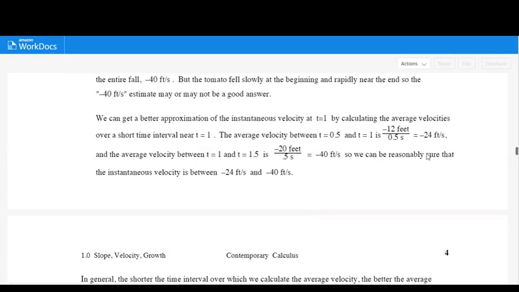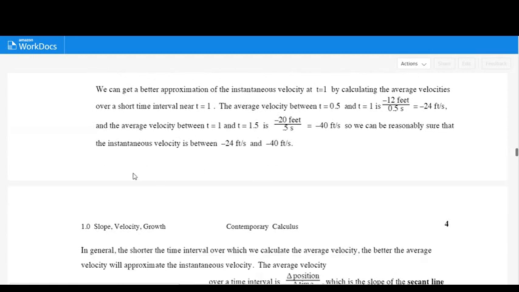So now we can be reasonably sure that the instantaneous velocity is between negative 24 feet per second and negative 40 feet per second. So yan, between negative 24 and negative 40 yung instantaneous velocity. So yung ginawa natin is we have computed the average velocities closer to 1. So 0.5 and 1, and then 1 and 1.5.